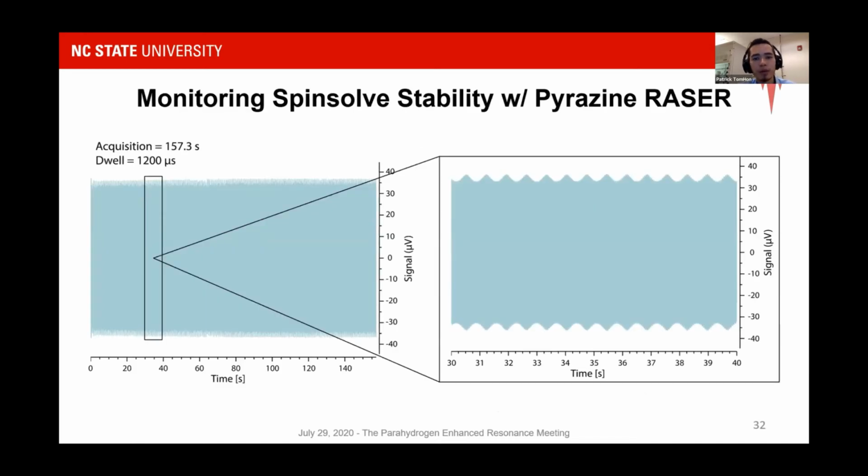Lastly, before the demo, I'd like to show a fun application of this Spinsolve RASER. The maximum of our acquisition time is around 2.5 minutes with a long dwell time of 1200 microseconds, and this sacrifices resolution a bit. We're limited here by the RAM of the Spinsolve. The Spinsolve limits the number of points that can be collected, so we're going to have to work to try and address that in the future.